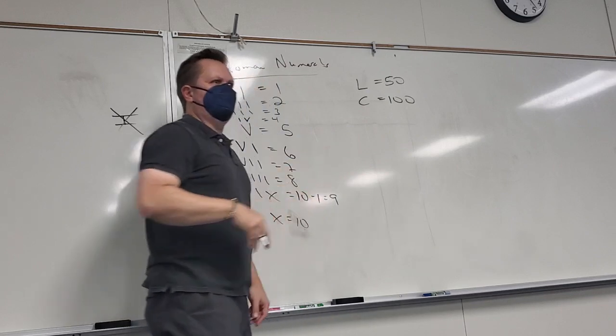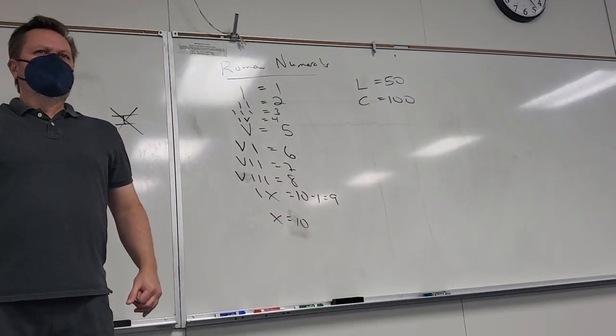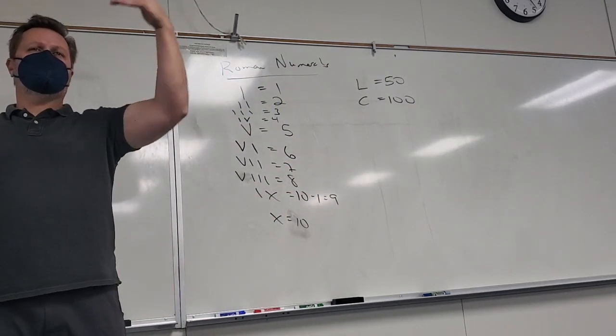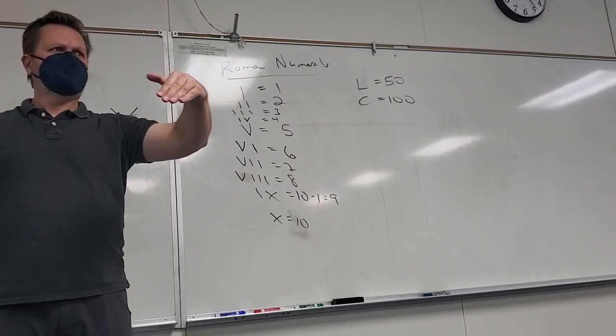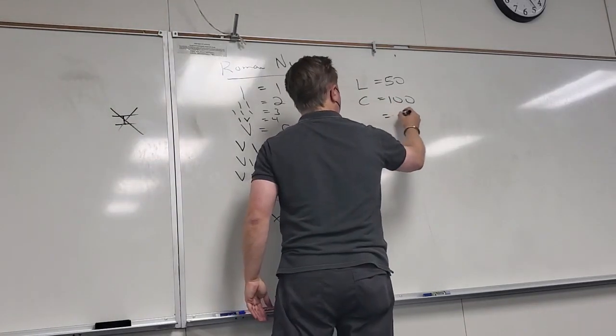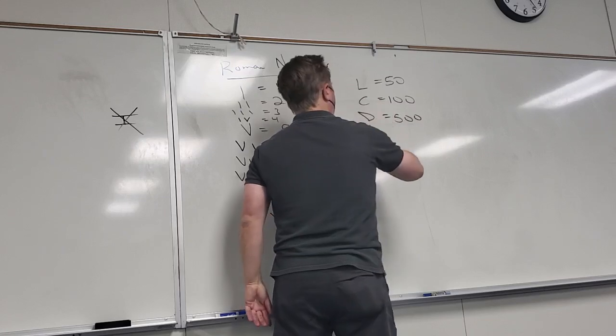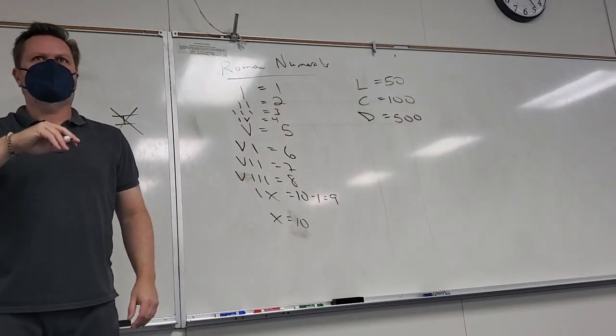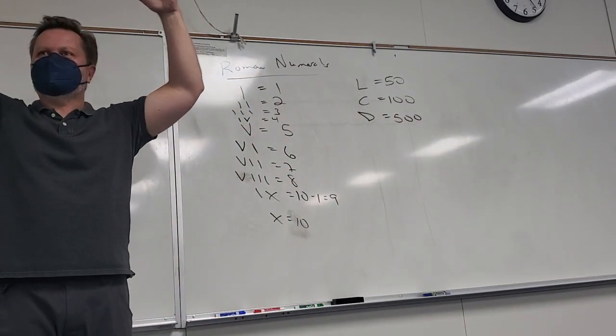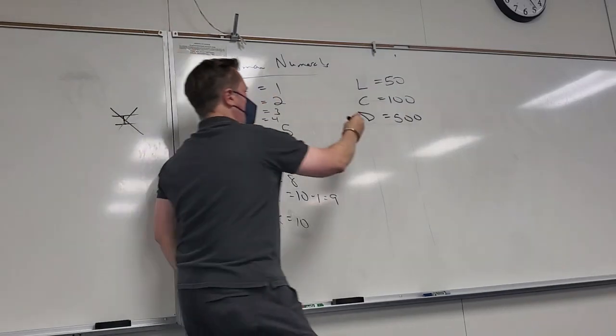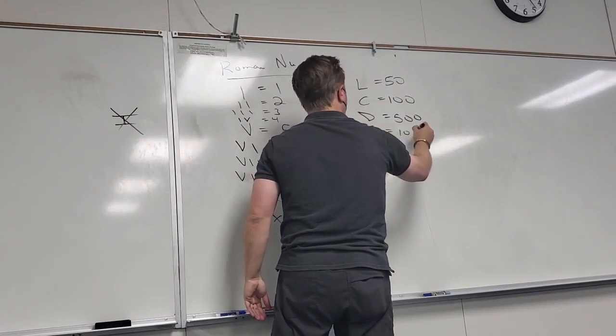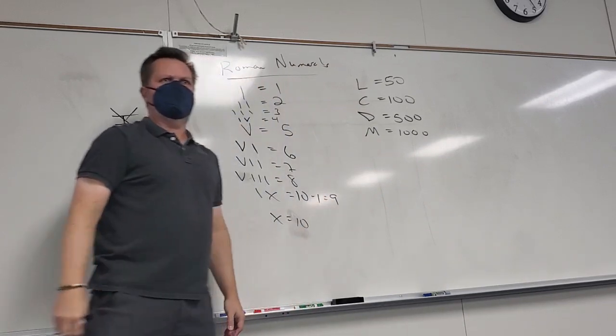Cents. Yeah, okay, I like it. And then the next one up from there is going to be 500. And then sort of the last one is M for 1,000. I like it.